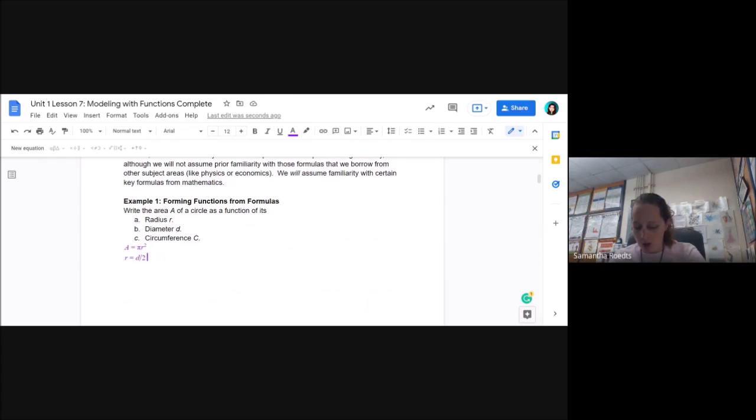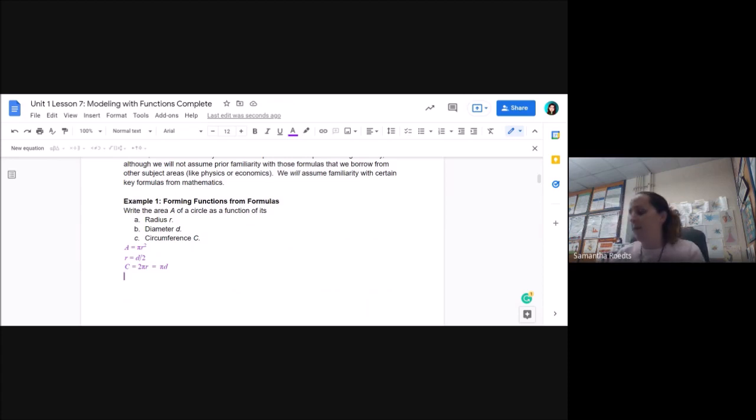And we also know that the circumference of a circle is circumference equals 2 pi r, or pi times the diameter, okay? So based off of this knowledge, we can use what we know basically to solve for something.